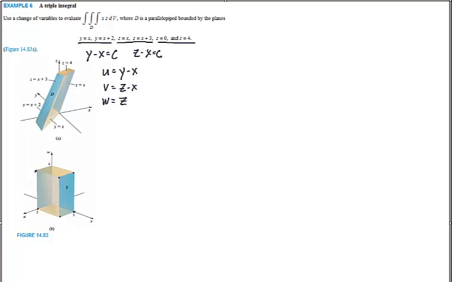I need to rewrite this so that it is x, y, and z in terms of u, v, and w only. So let me do that algebra. Alright, so for my z equation, I get this. For my x equation, I get z is w, so just w minus v. There's my x.